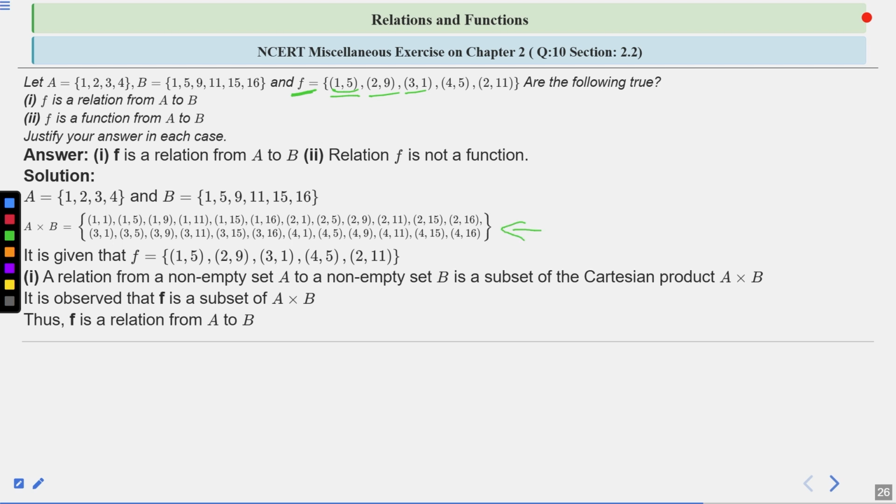Yes? So we have 1, 5 here, 2, 9 here, 3, 1, 4, 5 and 2, 11. So all the elements which belong to the relation F are already in the set A cross B. So by definition, F is a subset of the set A cross B. So a relation.